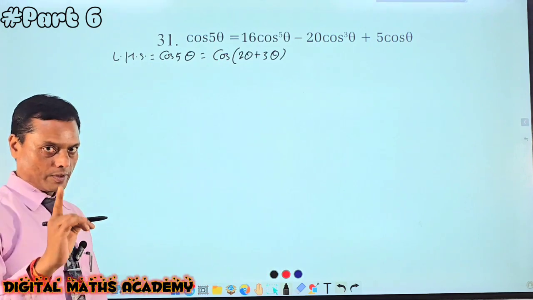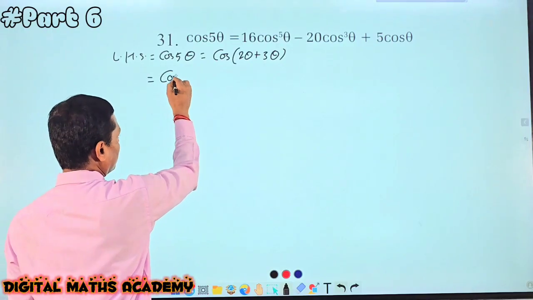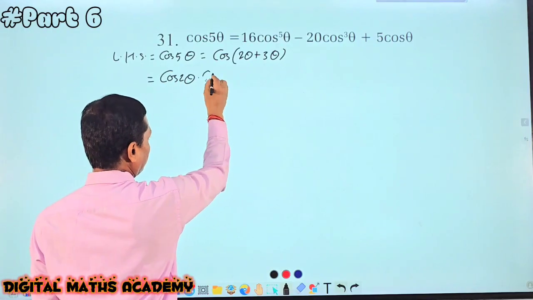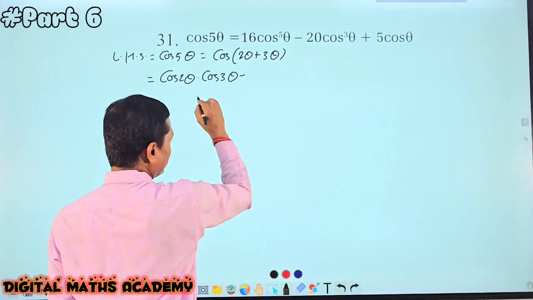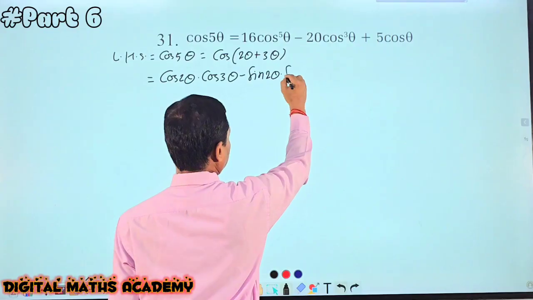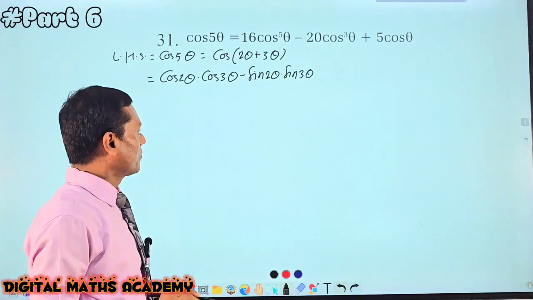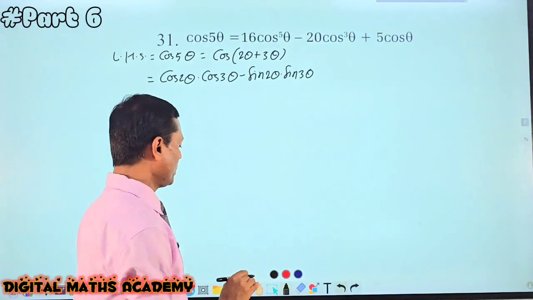Clearly, remember the cos A plus B formula, that is cos A dot cos B minus sin A dot sin B. 2 theta is at the place of A and 3 theta is at the place of B.